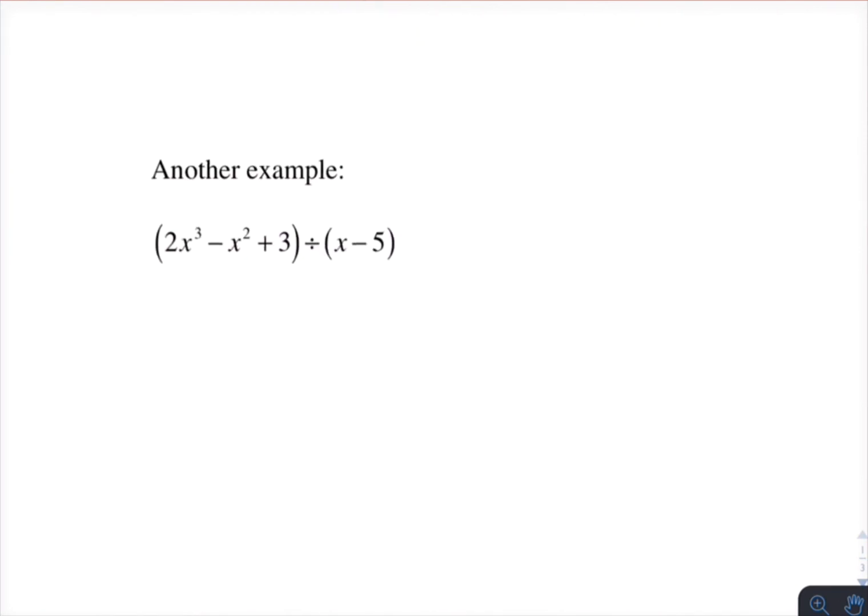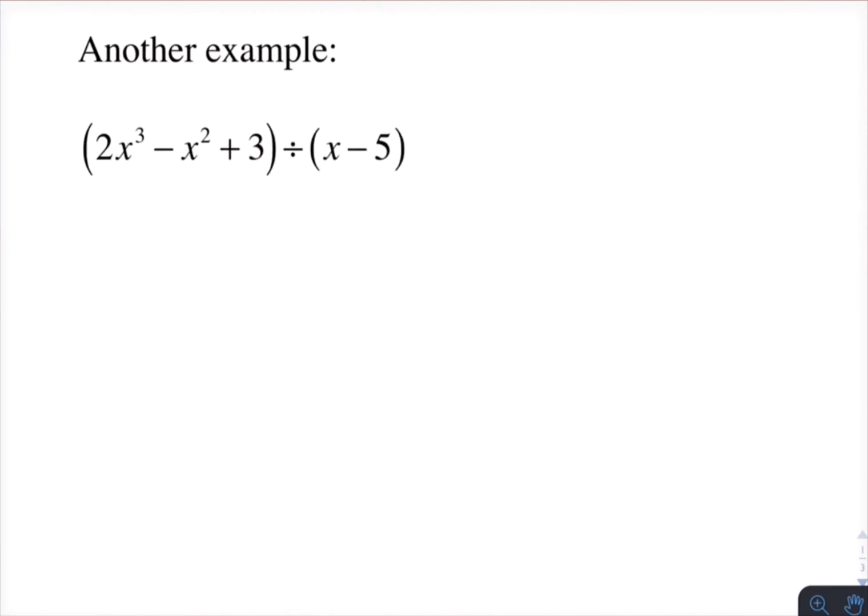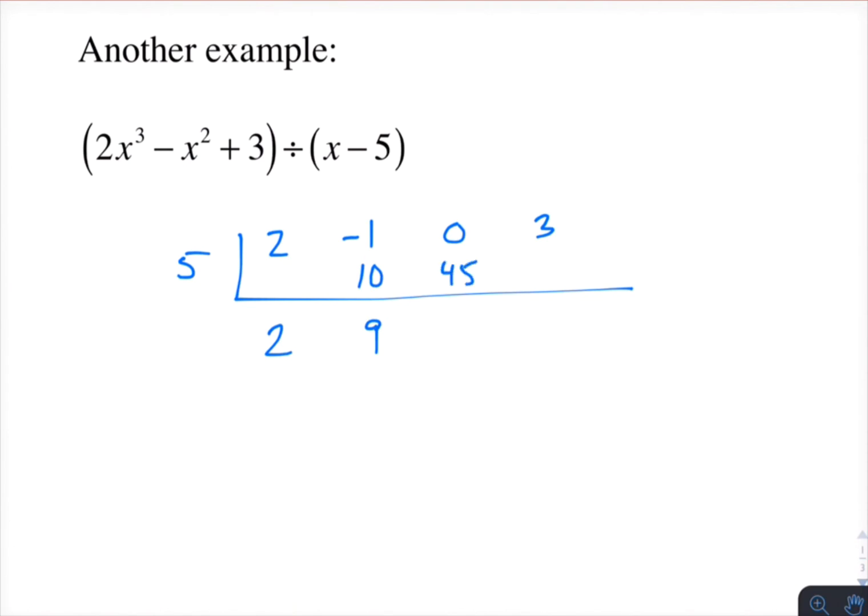Let's do another quick example. So in this one, we'll set up our box here. We have 2, -1, a 0 for the x term, and then a 3, and I put a 5 outside. Bring down the first, multiply, add. Multiply, add.